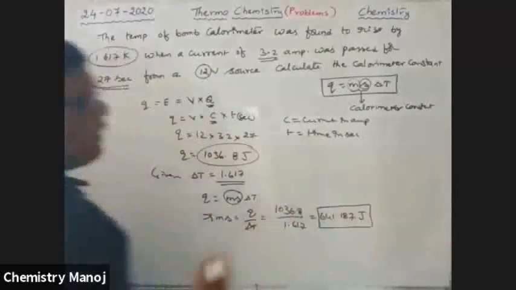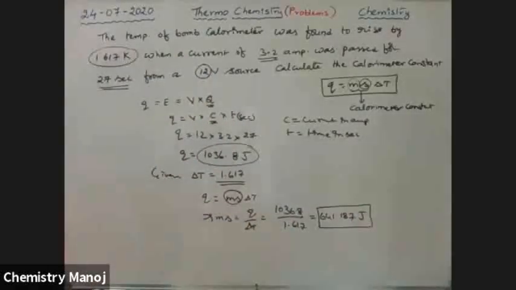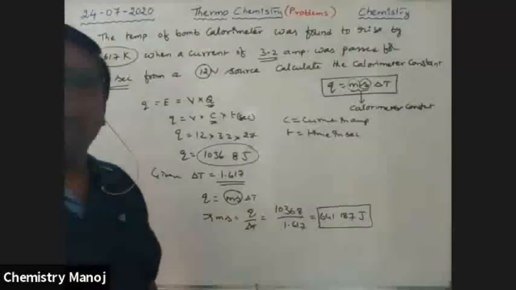This is the calorimeter constant. So the calorimeter constant is the product of mass into specific heat.